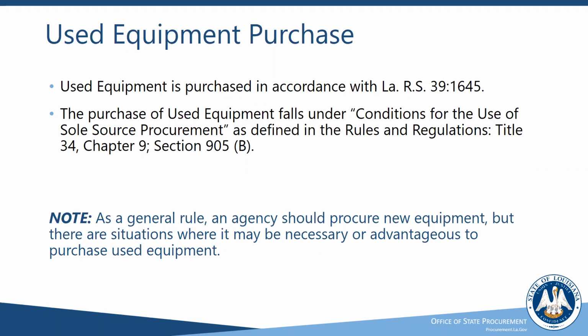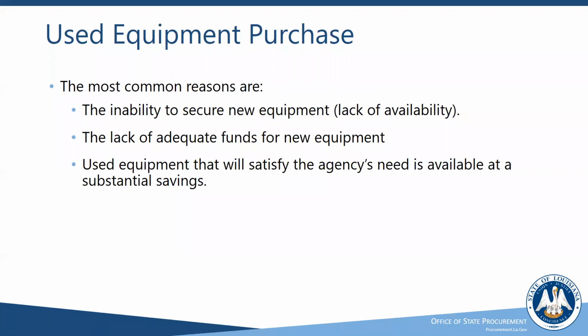So as a general rule, as the note on the bottom of the slide says, agencies should procure new equipment, but there are situations where it's necessary to purchase used equipment. So let's talk about the special situations where an agency might want to consider buying used equipment.